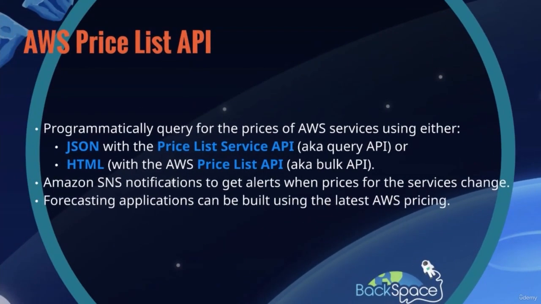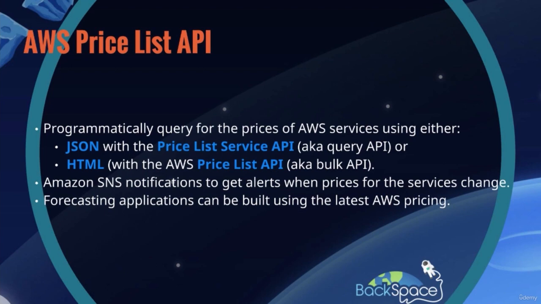The AWS Price List API allows you to programmatically query for the prices of any available AWS services using either JSON with the Price List Service API, which is also known as the Query API, or with HTML using the Price List API, which is also known as the Bulk API.